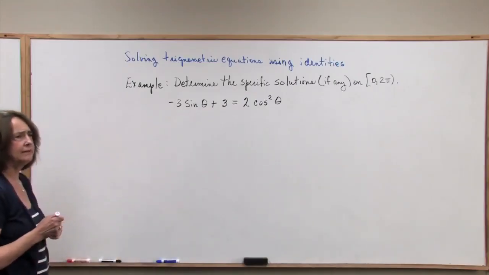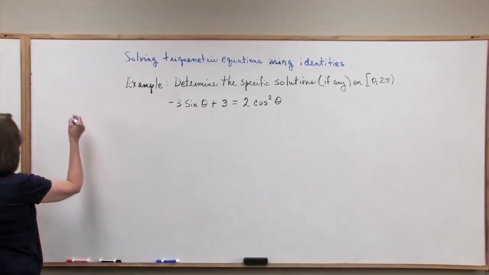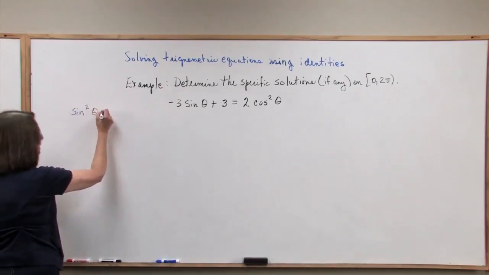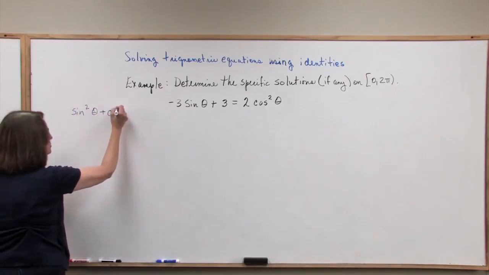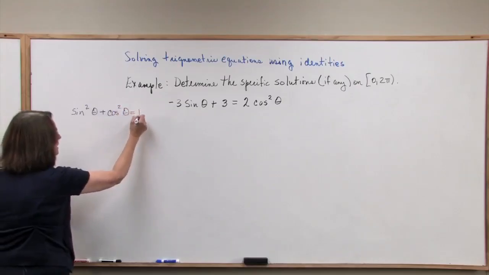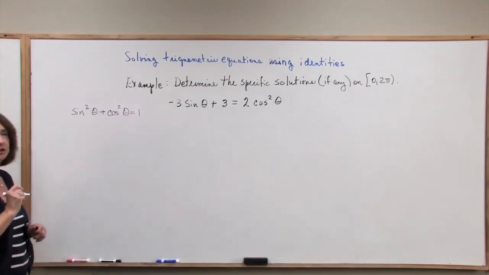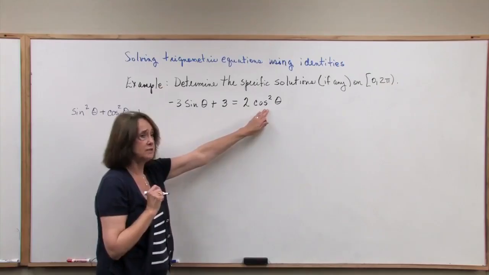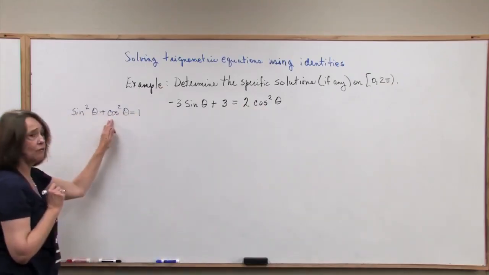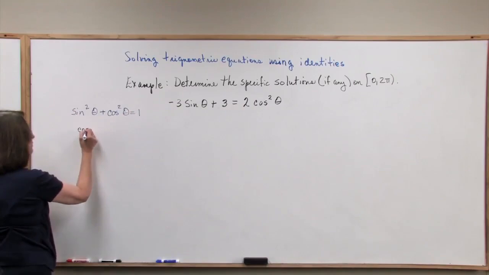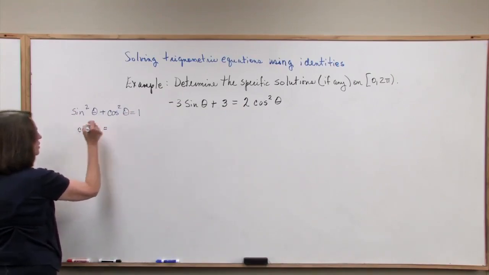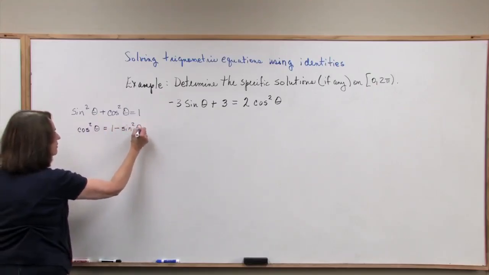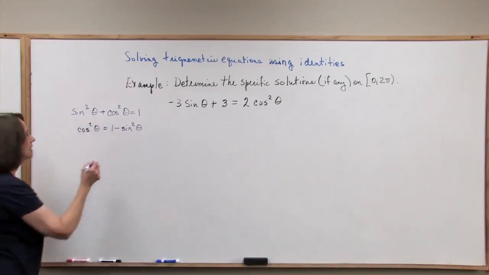Let me think. We have an identity that says sine squared theta plus cosine squared theta equals 1. Oh, that's a good one to use. We have the cosine of theta squared, so let's solve for the cosine of theta squared by subtracting the sine of theta squared from both sides.